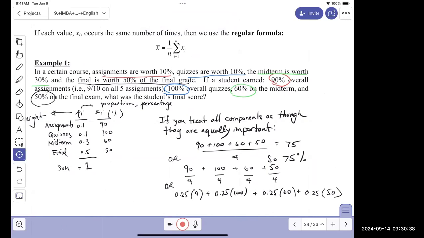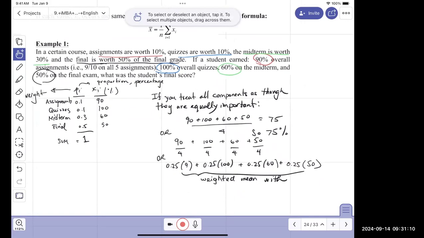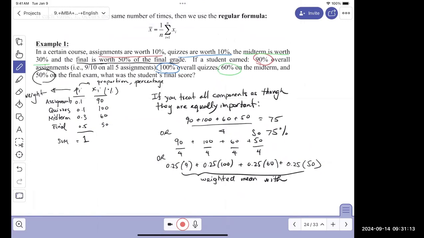What they're doing is, by averaging, the assumption is that every observation or every component has equal contribution and weight in calculating the average. It's also a weighted mean, but the difference is that the weights are the same.